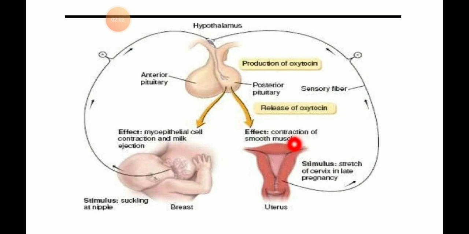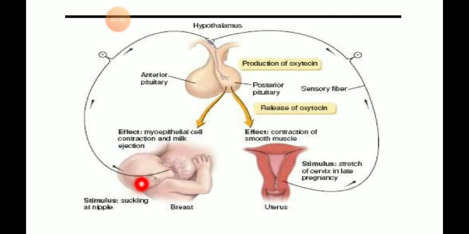So it contracts the smooth muscle of the uterus, and the stimulus will come by stretching the cervix in late pregnancy. Whereas the oxytocin from the posterior pituitary also stimulates the myoepithelial cells, which contract, and therefore there is milk ejection.